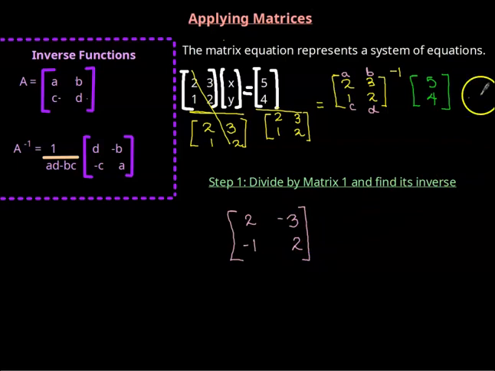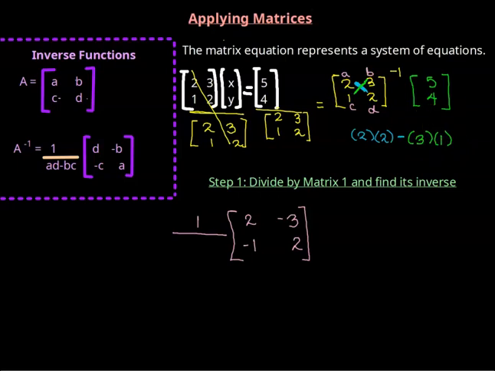And we're not done yet. We're still finding the matrix, so I'm still working on this part. Now, to find its inverse, I have to put 1 over, and I'm going to take AD minus BC. So remember we did this in the last section. AD minus BC just means you're going to cross multiply. So I have 2 times 2 minus 3 times 1.